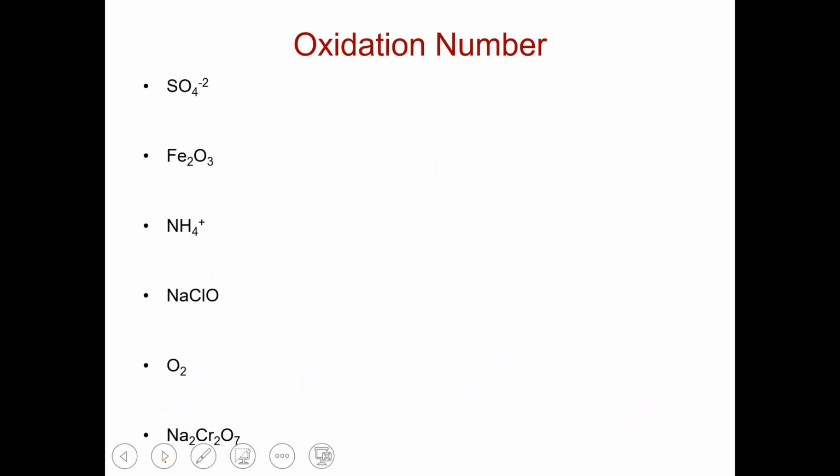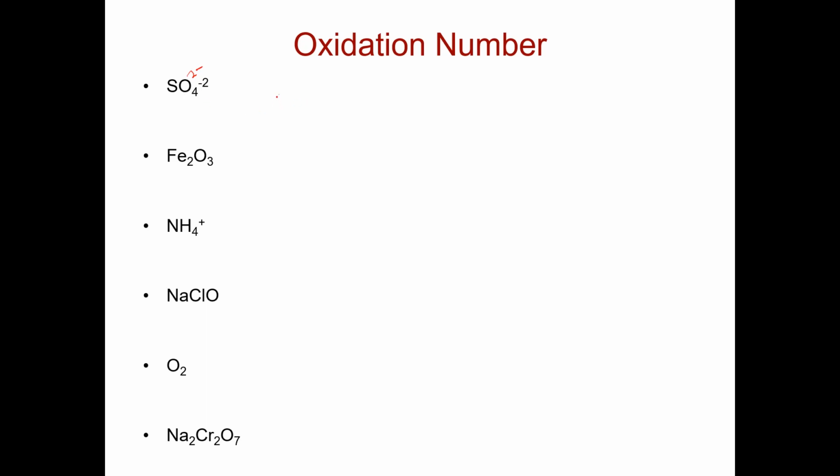So let's take a look at a few examples here. We have SO4 2-. That means this compound has a 2- charge on it. So if we look at this, we know oxygen retains its 2- charge, and there's a total of 8 negatives since there's 4 oxygens. So we need this to add up to 2-.